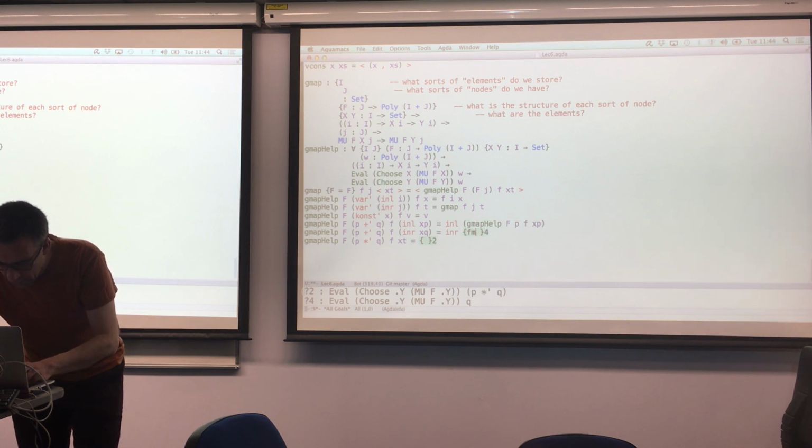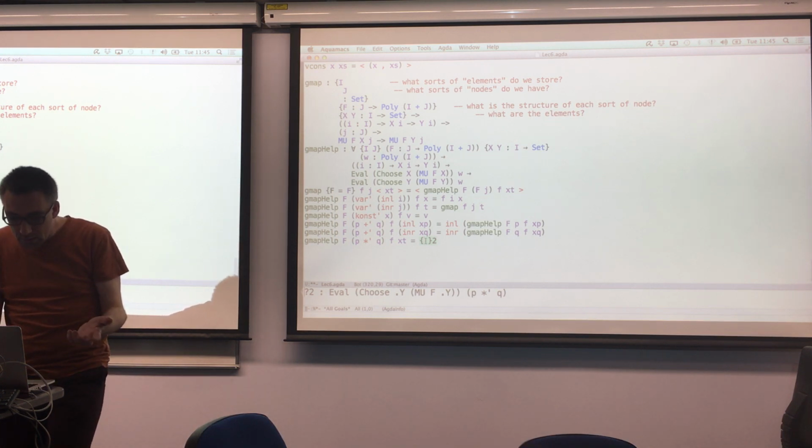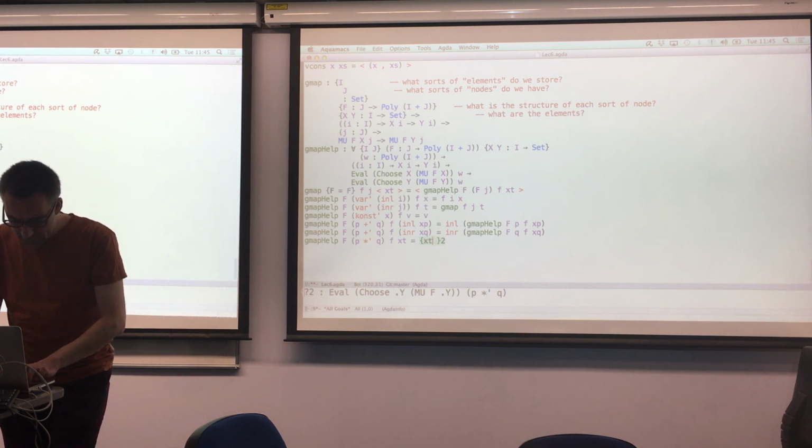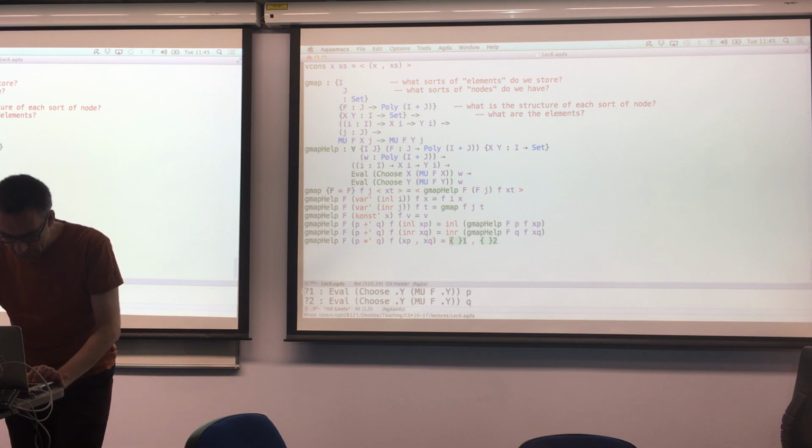And depending on whether it's a lefty or a righty, we have to do the appropriate recursive call to it. Meanwhile, if the polynomial is a pair, we've got two substructures. And we have to give back a pair.